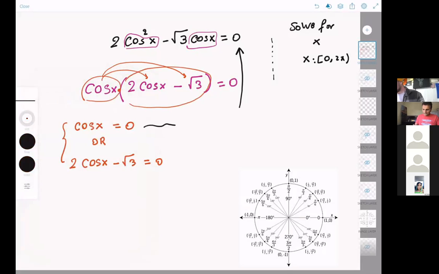If cosine of x equals 0, x is going to be... Jason, what is x if cosine of x equals 0?